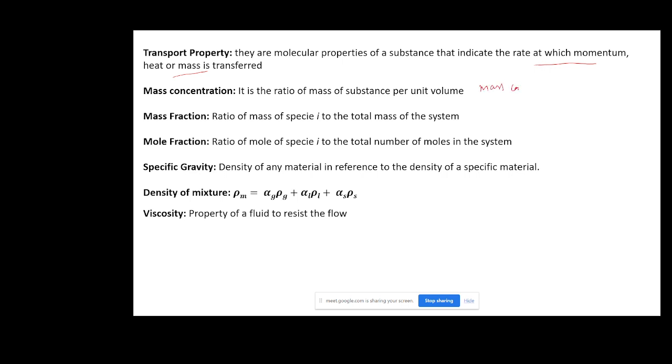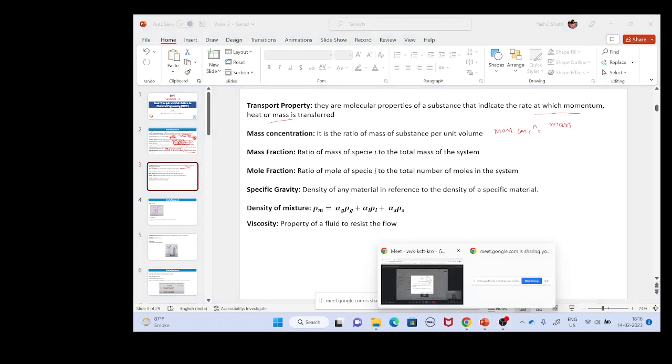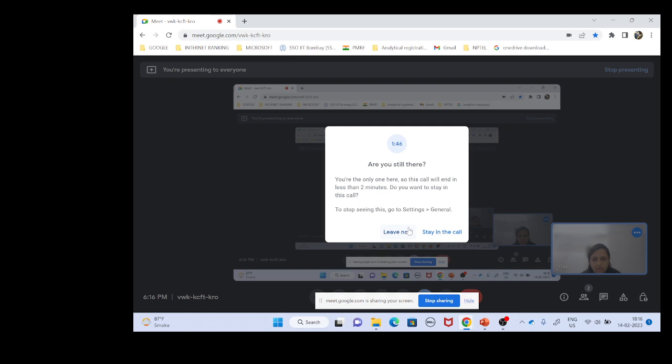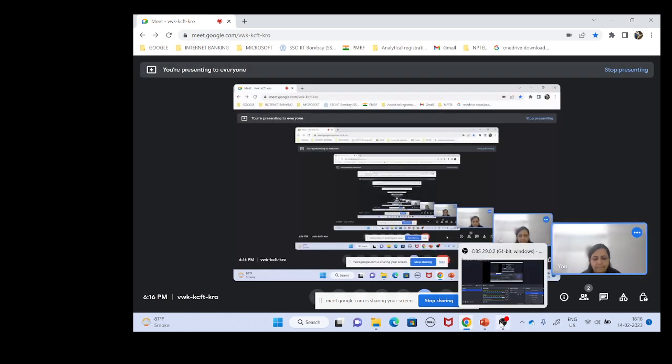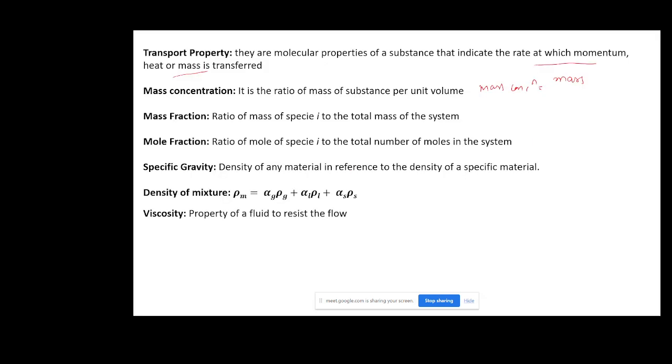Mass concentration is the ratio of the mass of species A divided by the volume of the system, or the volume of solution you take. That is the mass concentration.